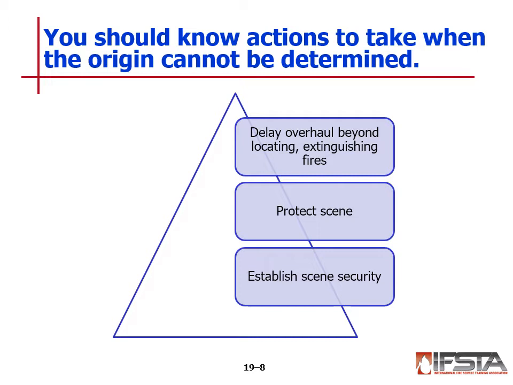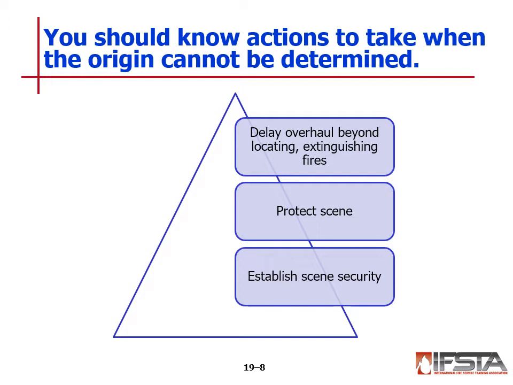All right, so when you can't determine the origin, you don't want to go any further than extinguishing fires when it comes to overhaul. When we overhaul, and we've covered salvage and overhaul previously, you know that we're going to take walls apart, rip up carpet, and do all kinds of things to ensure that there aren't any hidden fires and that we're not going to have a rekindle.